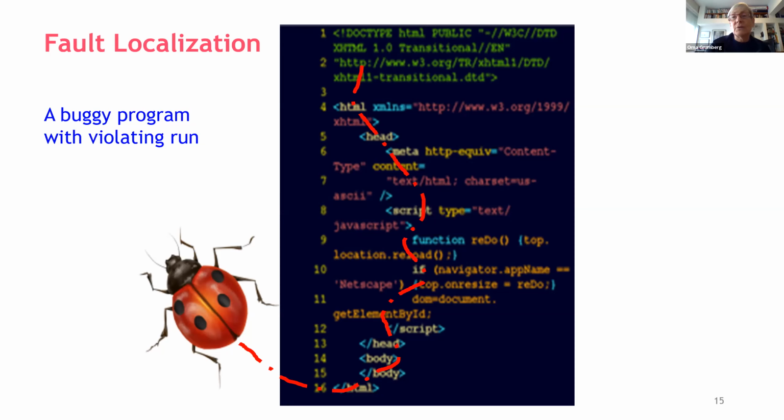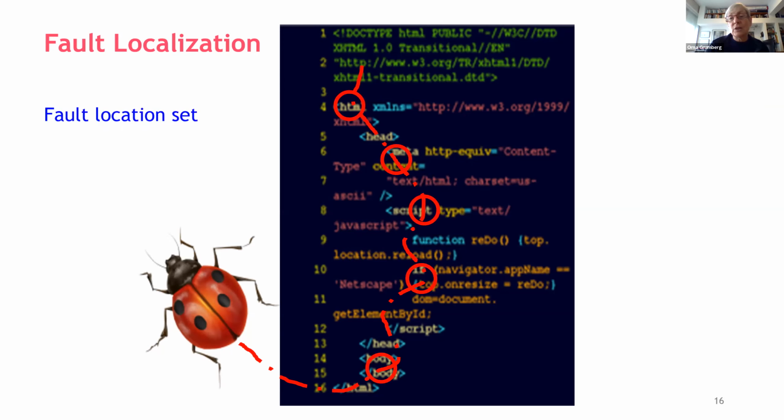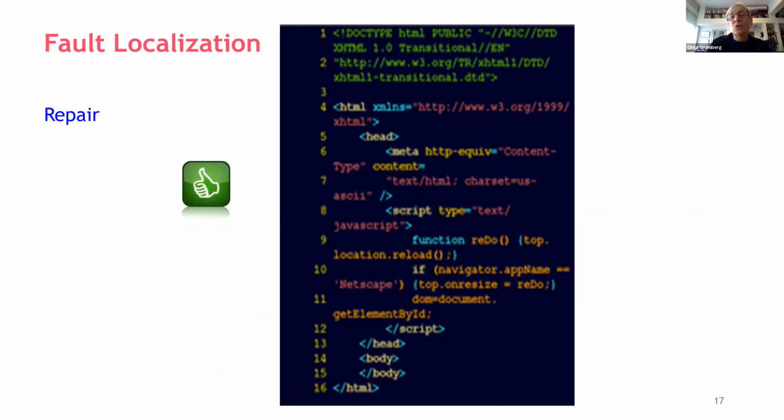Assume again that we are given a buggy program with a buggy run. Now we apply fault localization to locate the exact location in the program, the exact statements that are responsible for the bug. Actually, it's usually not exact, but it's some set that we suspect are the reason for the bug. And now the repair can choose one or more of these locations, change them, and result in a correct program.